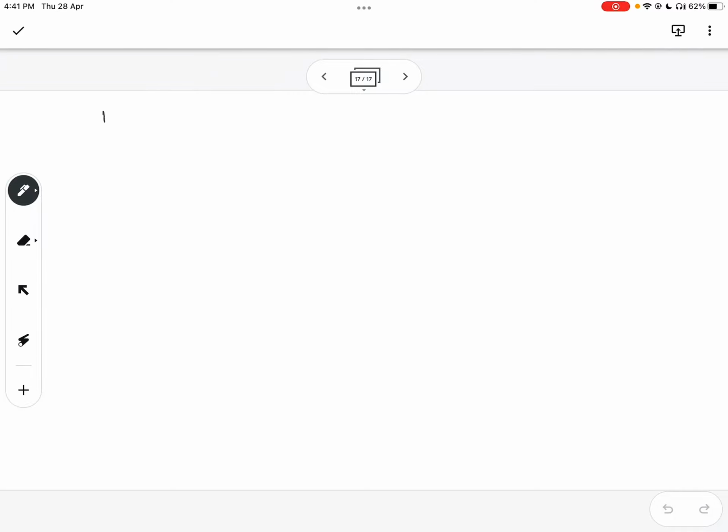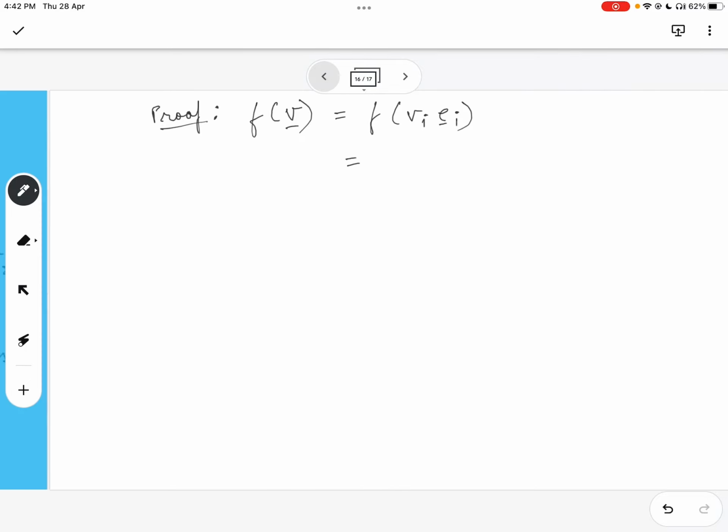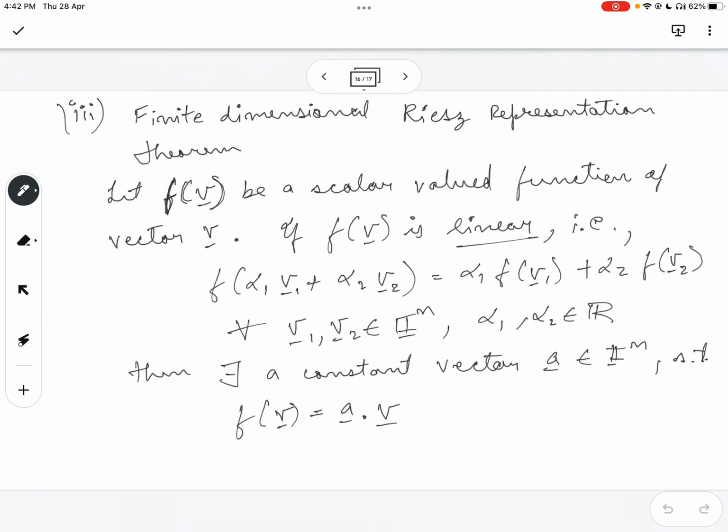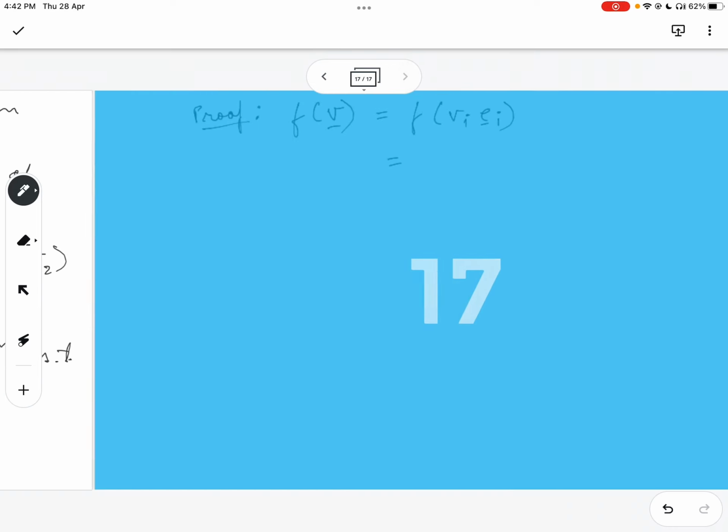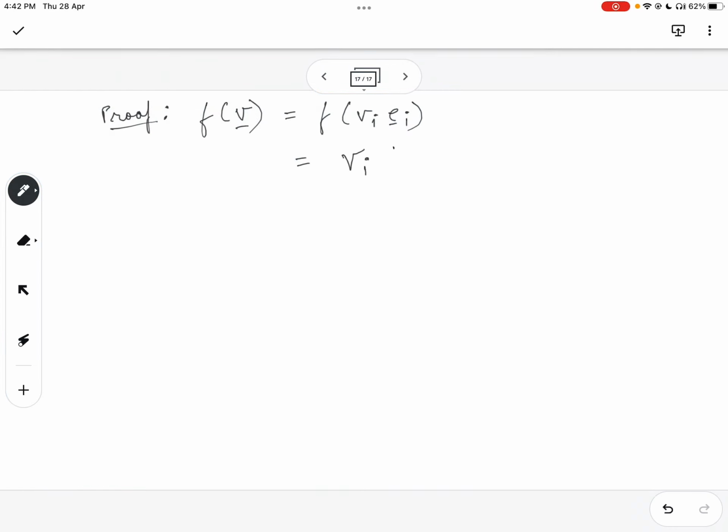So f of v can be written as f of vi ei, which can be further written, according to the property of linearity, as vi f of ei.